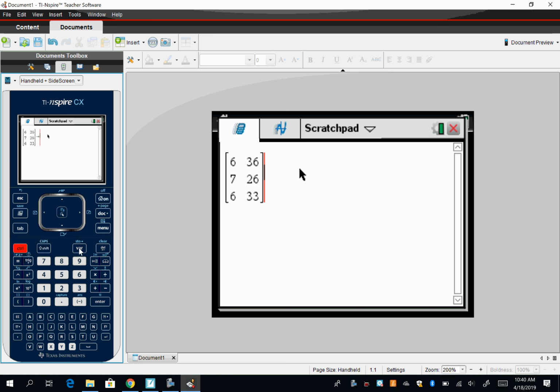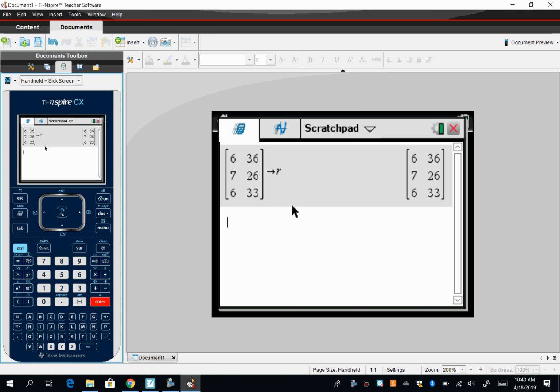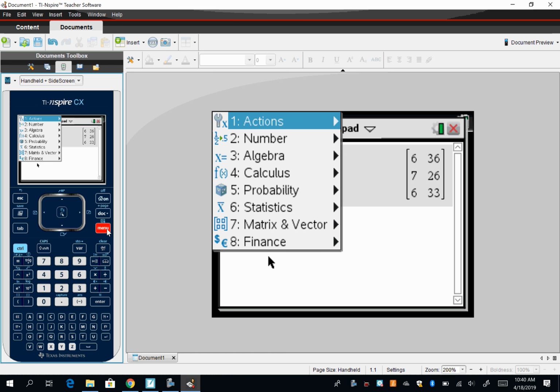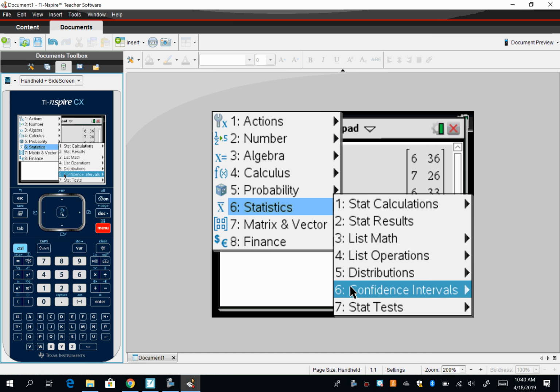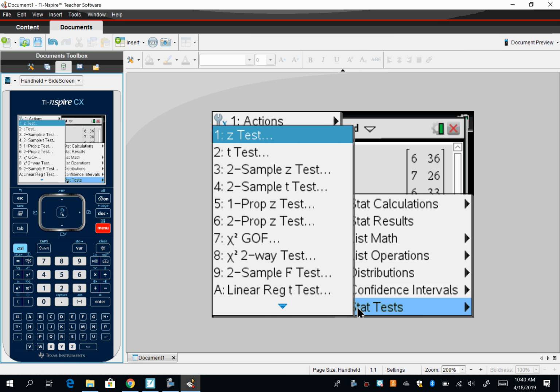Control VAR, so you can store it, and I just always use letter A. But if you want to use a different letter, like R for Roberto, go for it. Your R doesn't work. Oh, dude, I did not mean to be mean about that. I'm sorry. So we're going to use R. Menu, stats, stat tests. Now I know we're doing a different test than yesterday.